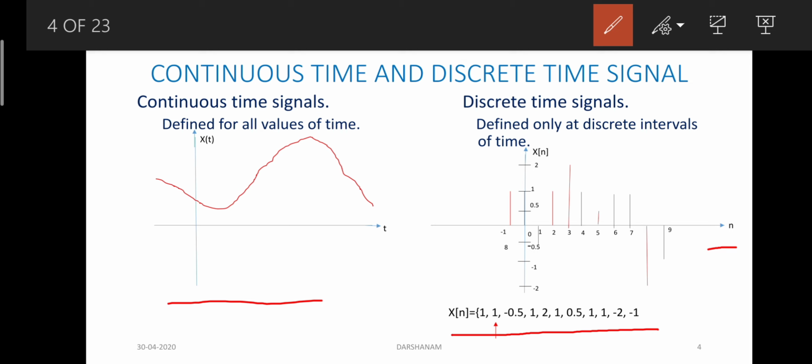It is defined generally by using an arrow. That is here the second one is marked by arrow. That is 1 is the signal magnitude at n equal to 0. So since we can define the discrete time signals as a sequence of numbers, it is called as sequence. But we cannot define the continuous time signal by using a sequence of numbers. So it is called as signal itself.